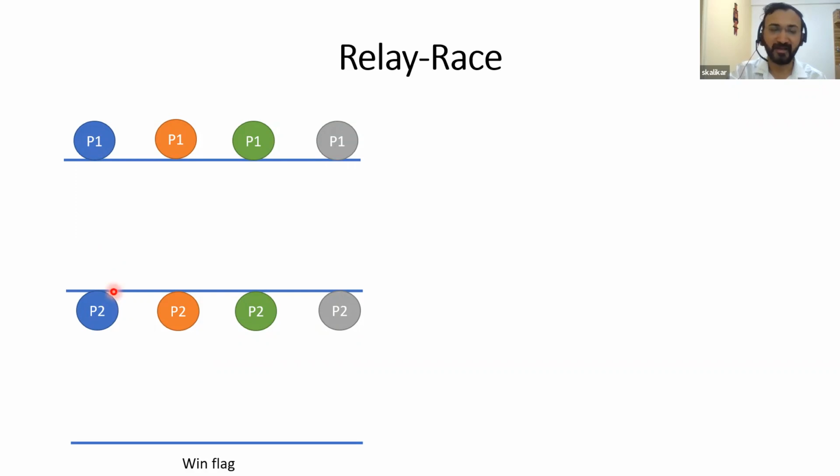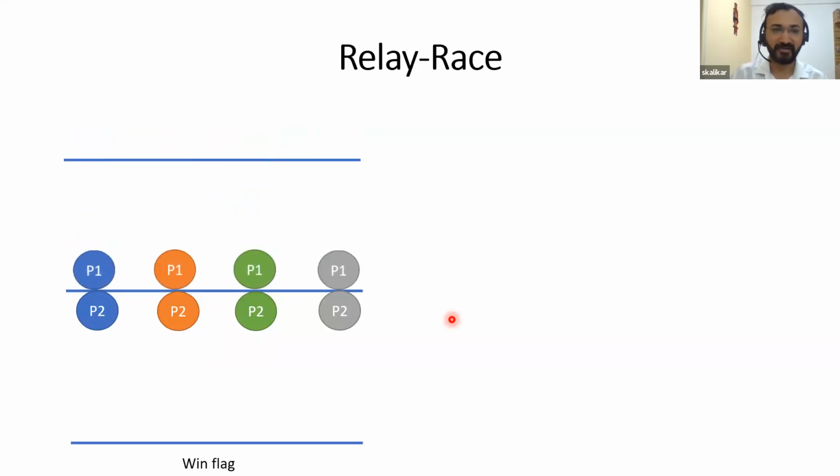Clear enough? And once all these players start with their respective timelines, whoever reaches the end wins the race and holds the win flag in hand, right? The problem is clear.